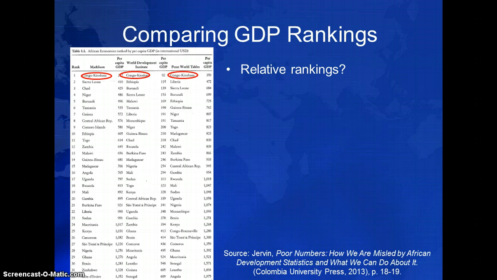They agree that the Democratic Republic of the Congo, formerly known as Zaire, is Africa's poorest country. But among the 10 poorest countries in Africa in the three rankings, only 6 consistently appear in all three rankings: the DR Congo, Sierra Leone, Niger, Burundi, Tanzania, and Ethiopia.